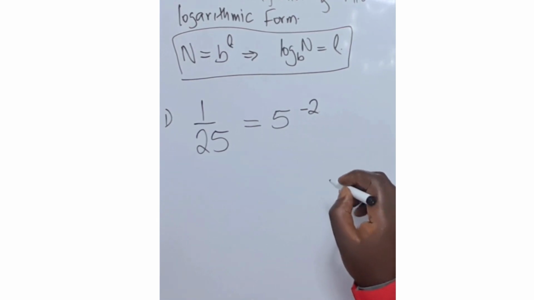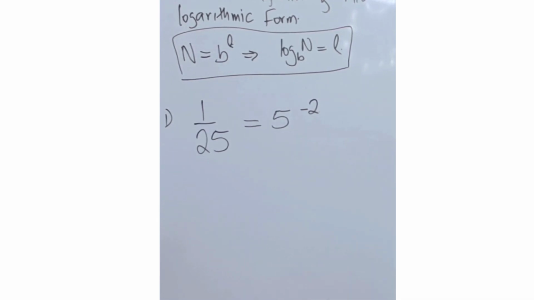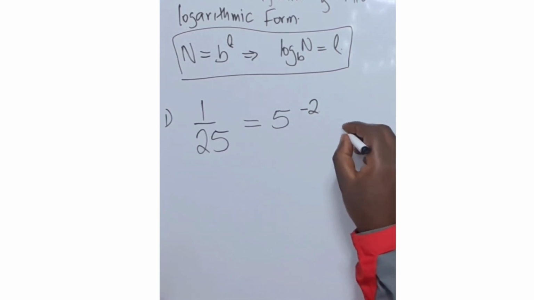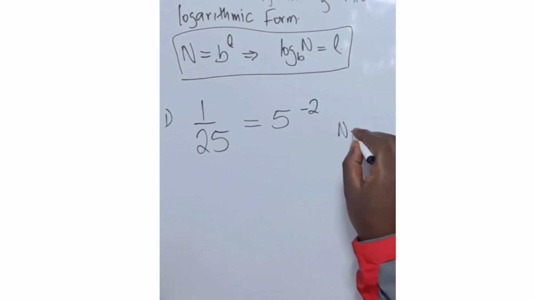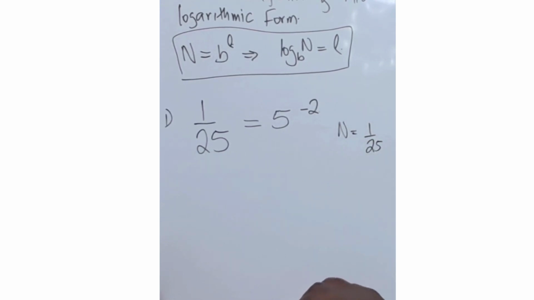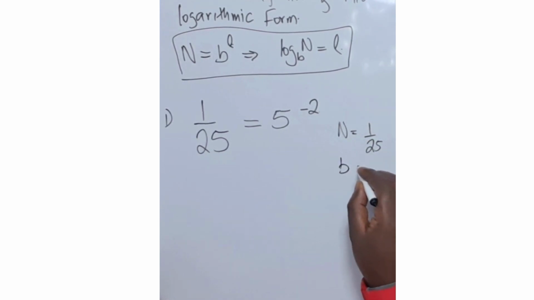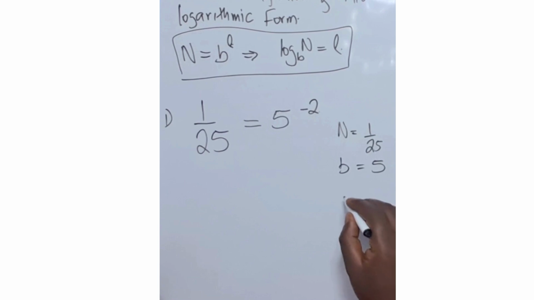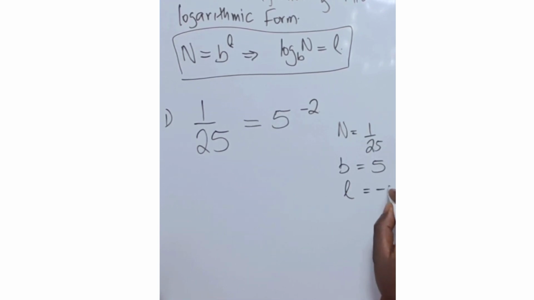We're going to start by identifying our b, which is the base, our n, which is the number, and our l, which is our logarithm. So in this case, our n is 1 divided by 25, our b is equal to 5, and our l is -2.